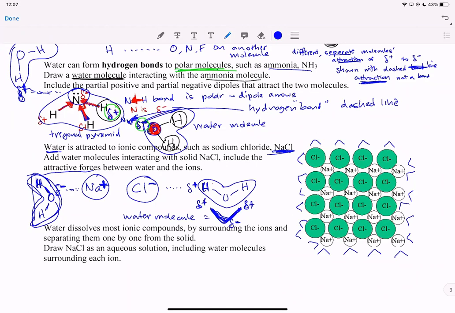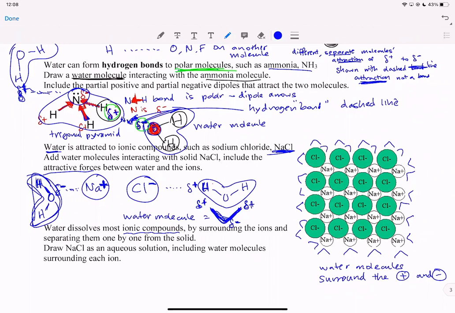Well, what happens is that water will dissolve this ionic compound by surrounding. So all these are water molecules that come in and surround the sodium and the chlorine, those positive and negative ions. And so these are all water molecules that come in here.